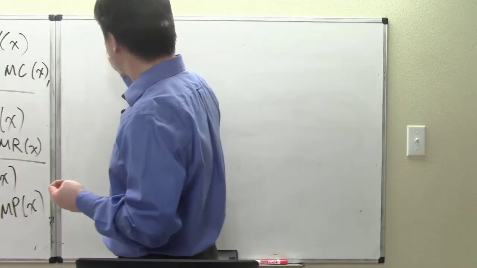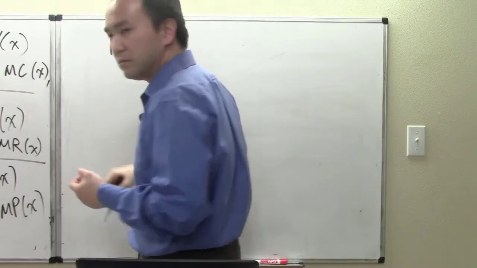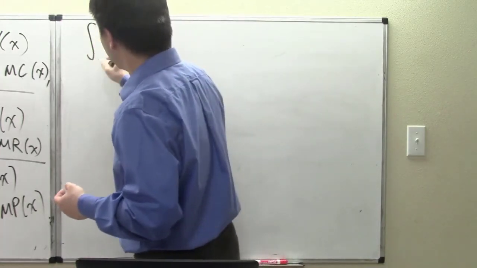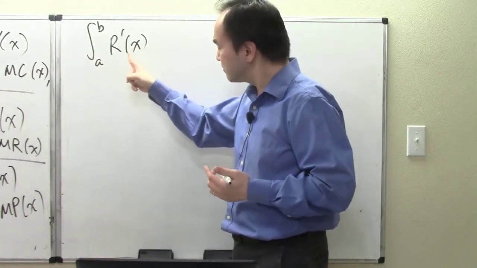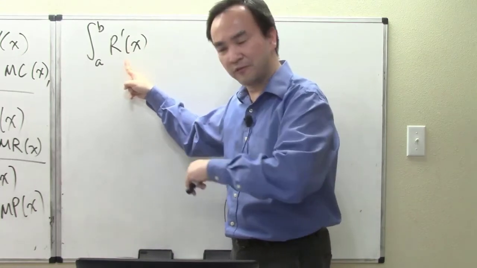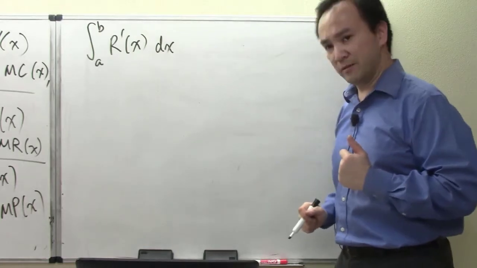But so now let's look at the marginal revenue as an R prime. So now we're going to think about what's the meaning of taking the definite integral of that marginal revenue function with respect to the x variable for quantity.